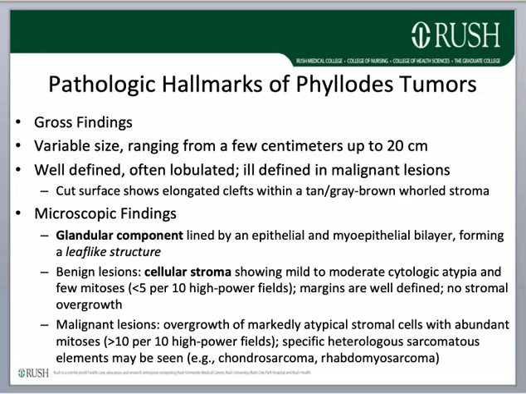That means that most of the tumor is composed of atypical stromal cells with numerous mitoses, more than 10 per 10 high power fields, and sometimes you can see heterologous sarcomatous elements such as chondrosarcoma or rhabdomyosarcoma developing within the stromal component. So those are truly malignant mesenchymal type neoplasms or sarcomas.